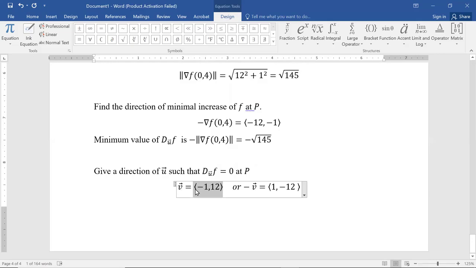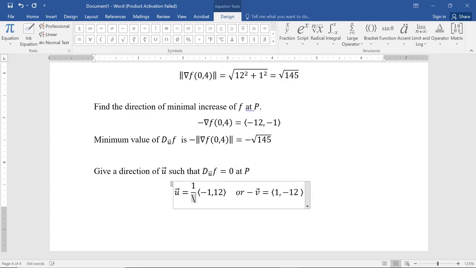So if you want to make it a unit vector, just take 1 over the magnitude of this, which is, by the way, 1 over the square root of 145. That's the magnitude of that vector, and then times the vector.